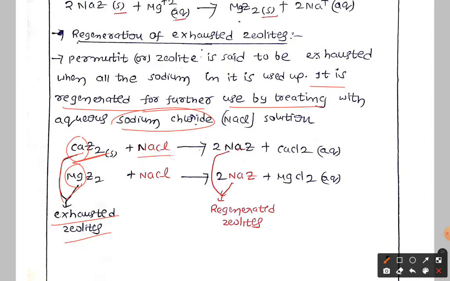Now, on treatment with sodium chloride, again there is an exchange, and the sodium ion replaces the calcium. So you get calcium chloride, and here you get magnesium chloride. Now your zeolite is regenerated, meaning the sodium has come back in the zeolite. This is called regenerated zeolite.